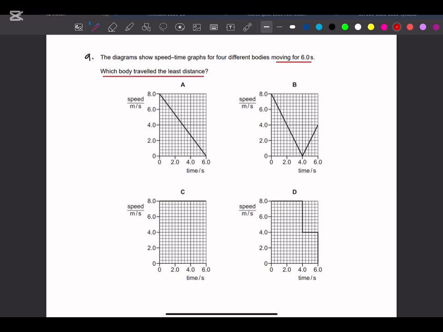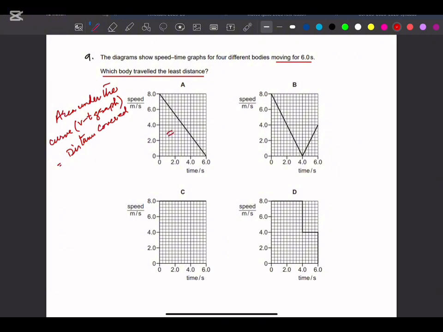Again, here you have to consider one very simple thing, that the area under the curve, obviously here we are talking about a velocity time graph, will be the distance covered. So what you have to do is calculate the area under the curve.